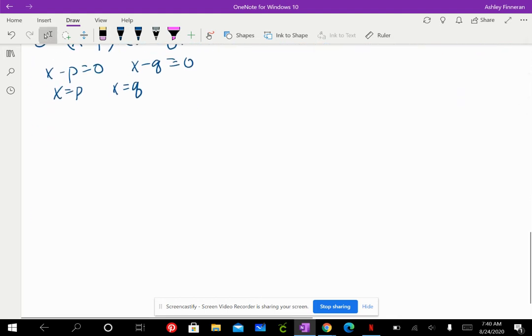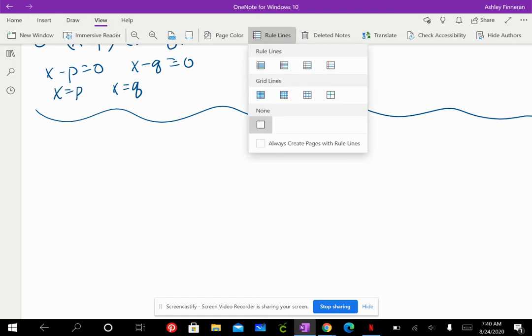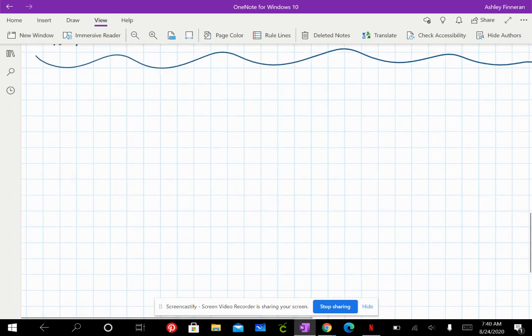Now the last thing, let's turn on some graph paper. One thing that I hope for you is that you're able to graph without having to sit and plug points in all the time. Sometimes you might need to, sometimes it's actually easier. But something that's good to know is, how do you graph this just by hand?